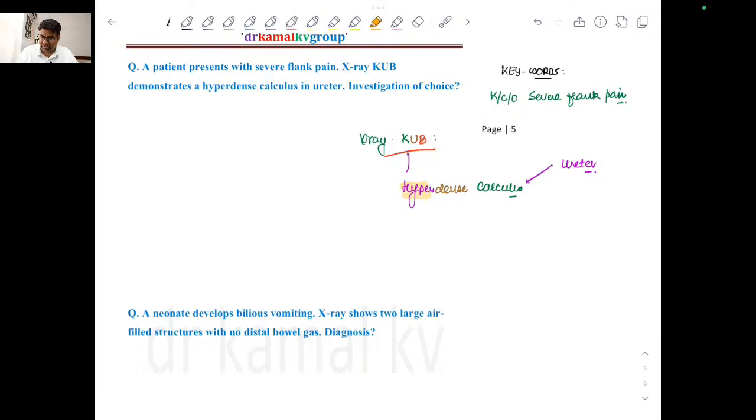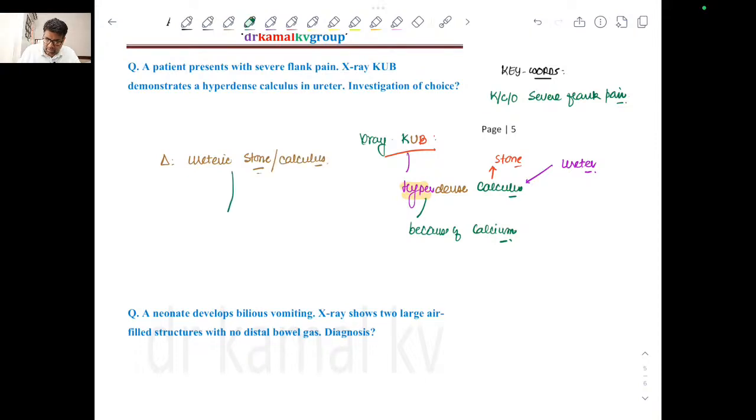So hyperdense because of calcium. Clear? And calculus, this is obviously the stone. So this is a case of ureteric stone, or you can say ureteric calculus.